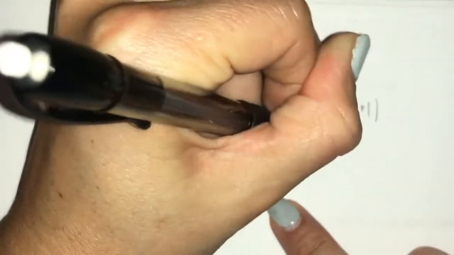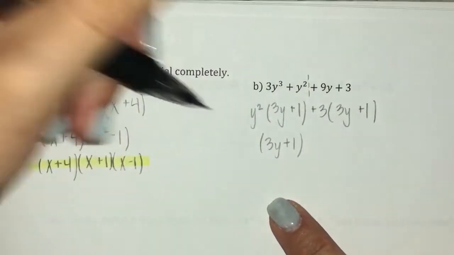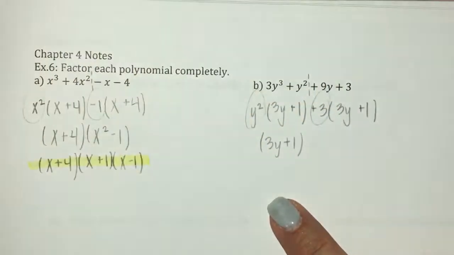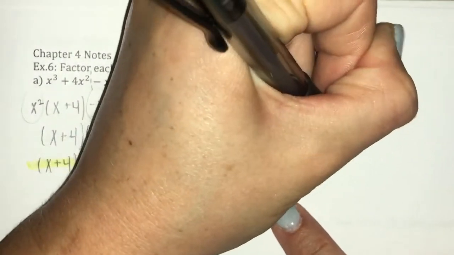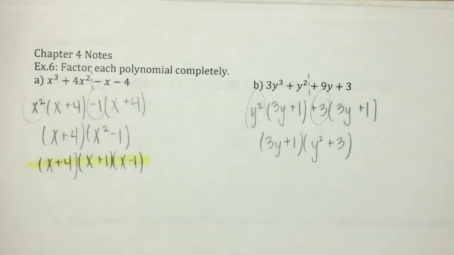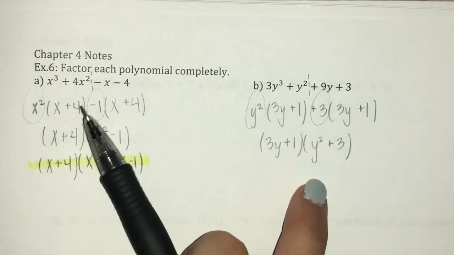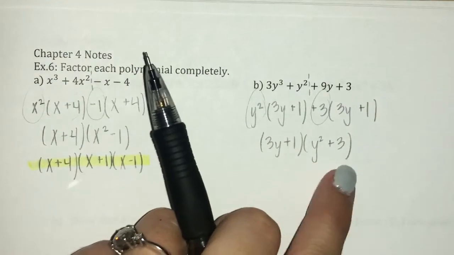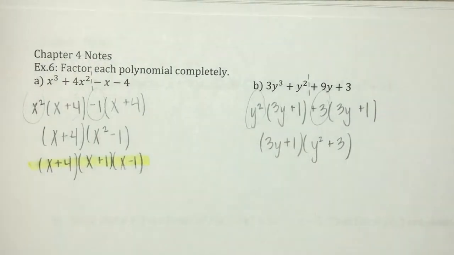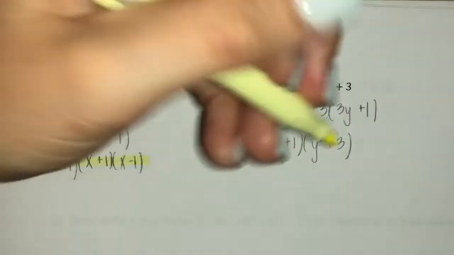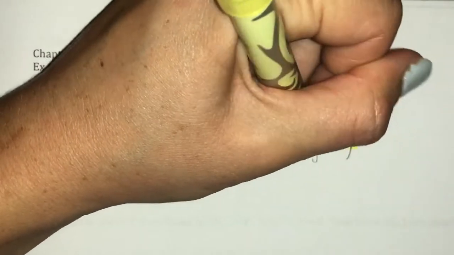So 3y plus 1, and then I'm left with the y squared plus 3. So times y squared plus 3, and then check to see if it can be factored any further. So 3y plus 1 can't, y squared plus 3 can't either. It's not a difference of squares here. So 3y plus 1 times y squared plus 3.